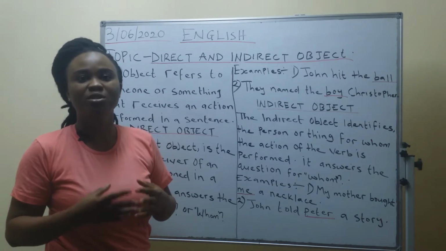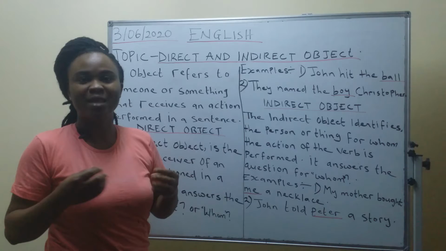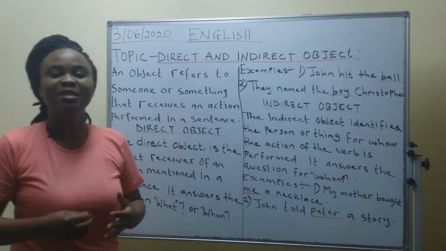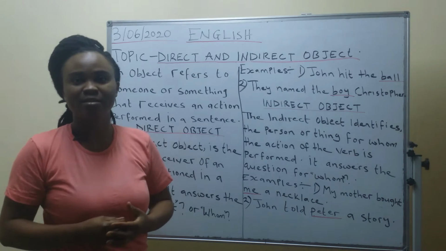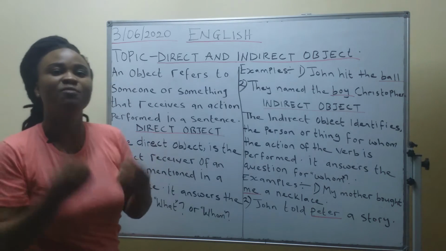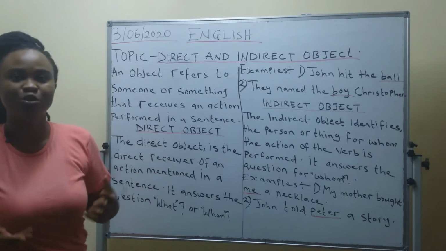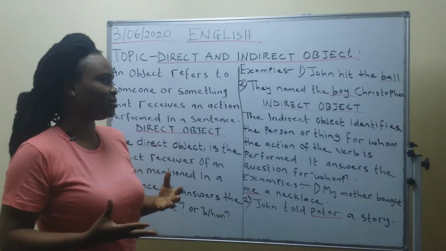An object must receive an action that is performed by a subject. So a subject is the giver of an action in a sentence, while an object is the receiver of an action in a sentence.